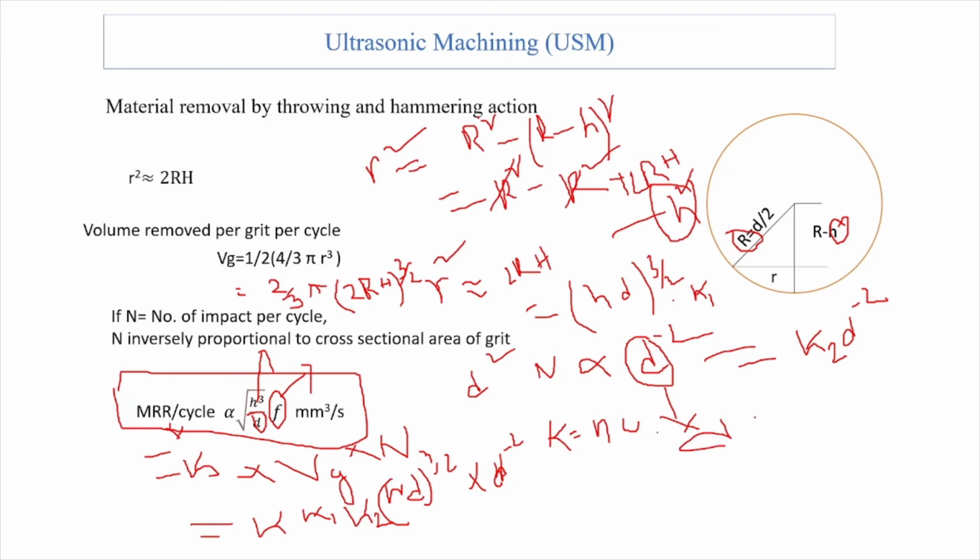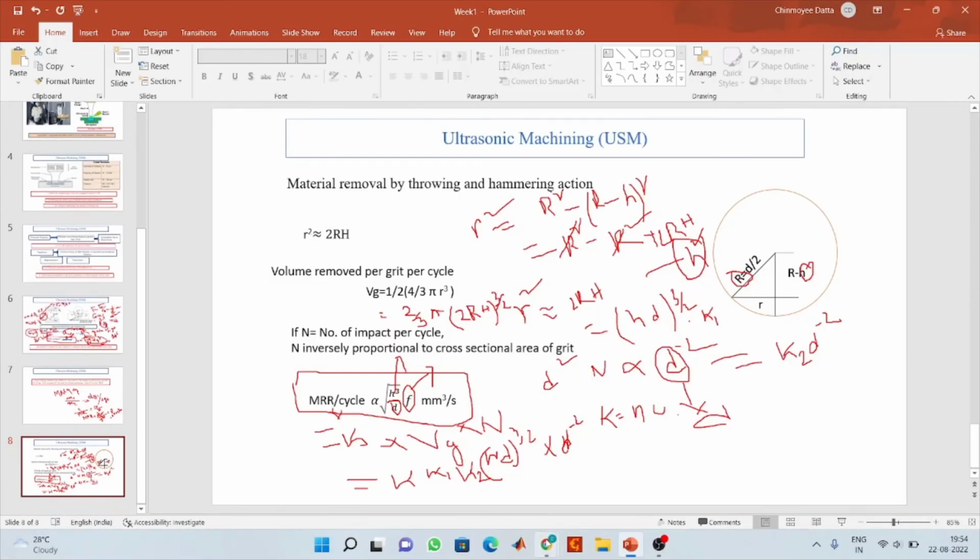So we can say that N is dependent on the diameter of abrasive grits. If we simplify those relations, we will get MRR per cycle also. From these equations we can estimate those. If anyone has any doubt, you can ask. I'll try to solve.